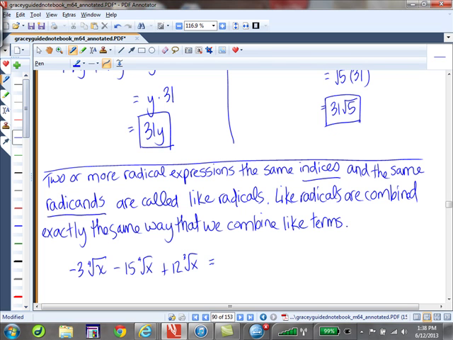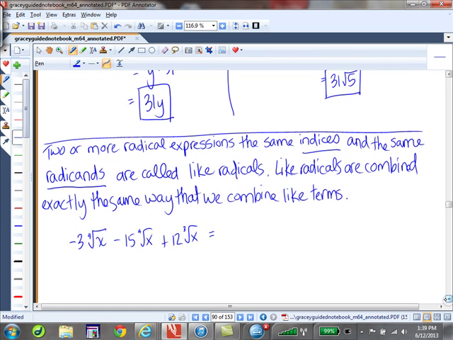So here we go. Let's look at the radicands. Each of the radicands is good. The radicands all are x. But let's look at the indices. For the first term, the index is 4, the radicand is x.